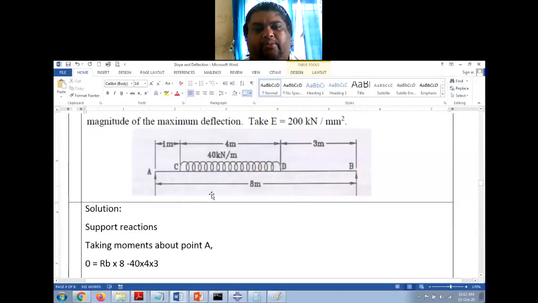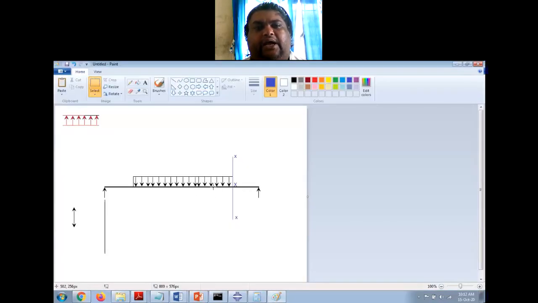Now my problem and this are not the same. So to make it the same, I am applying another UDL of the same magnitude but in the opposite direction at the bottom. This is like multiplying and dividing an equation by any number. You multiply and divide by 2, it will not change the value.